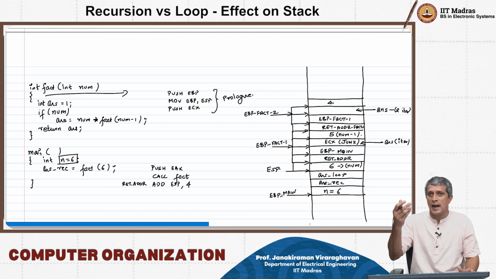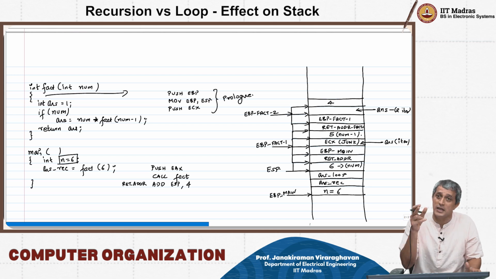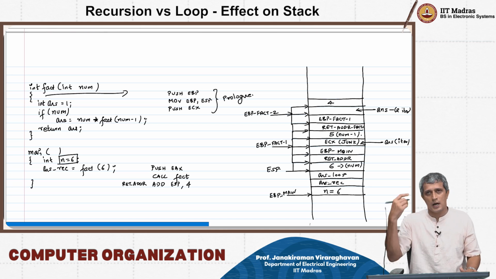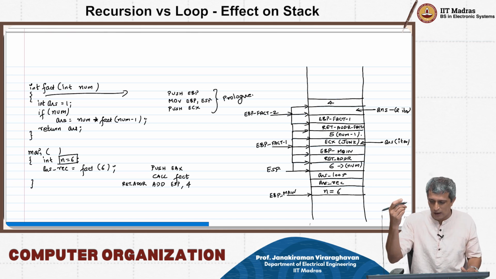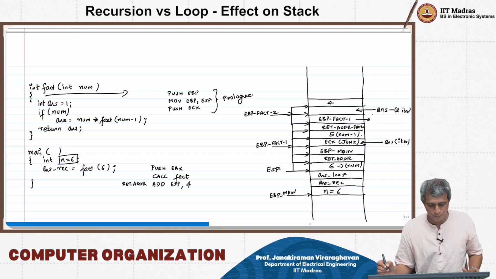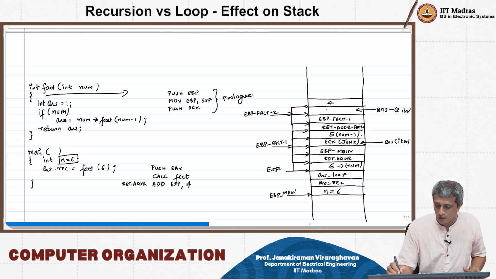And when you come there, the EAX value will be used in order to multiply by the num, and again that local variable will get that value. So after 4 calls, you will get the local variable answer with the answer of 5 factorial here.